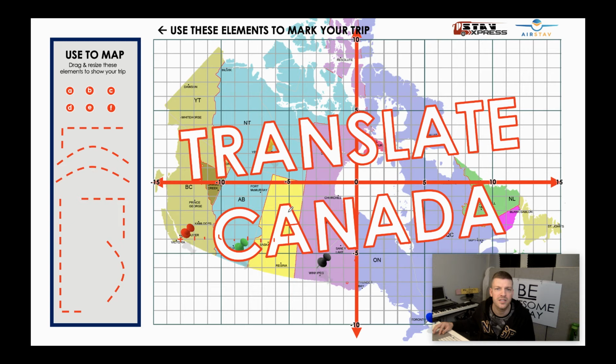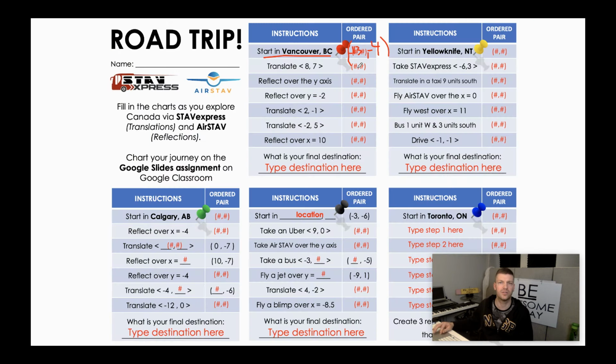Did I say 1, 2, 3, 4, 5, 6, 7? So that's your new point. You need to find the coordinates of that point. So negative 5 and was it positive 3? You're going to go put that in. Negative 5, 3.